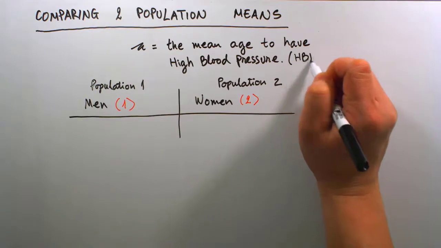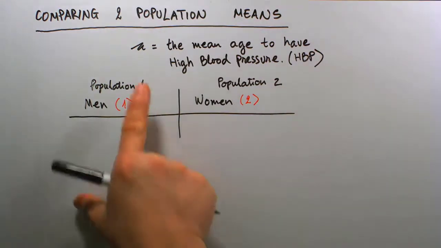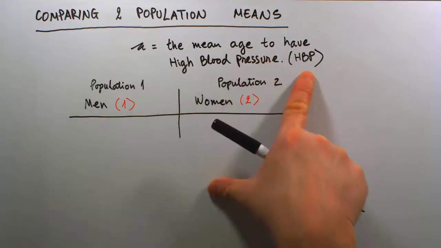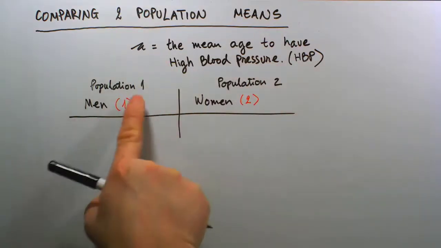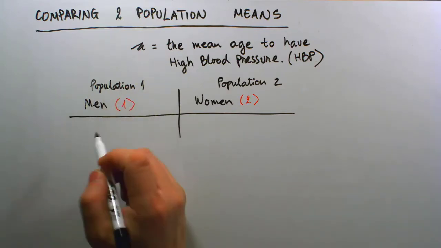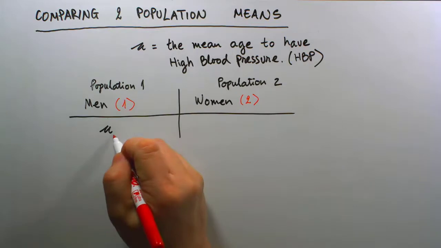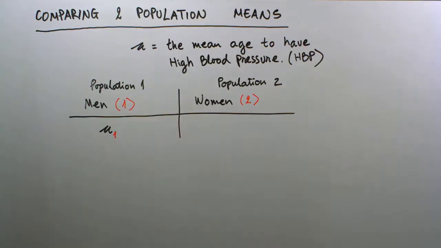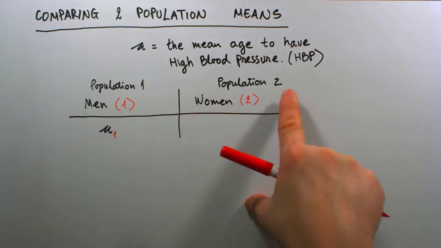So that mean age to have HBP, if we're looking for that in population 1, becomes mu 1. That's what I keep trying to emphasize about how important it is to give numerical labels.